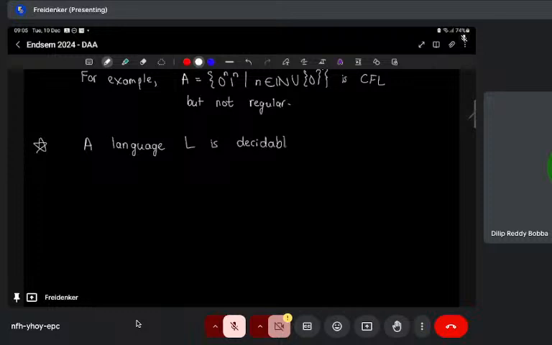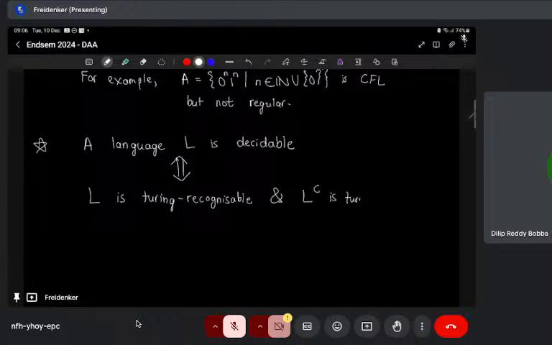if there is some language that is decidable, then okay, fine. So a language L is decidable if and only if L is Turing recognizable and L complement is also Turing recognizable.